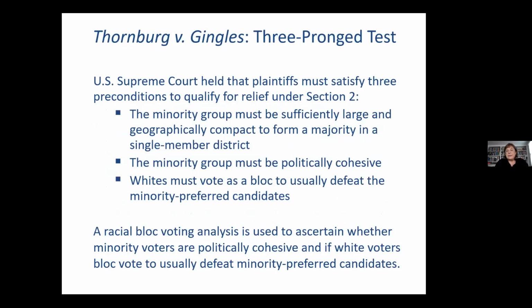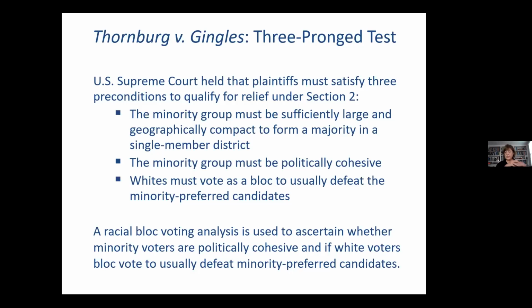The first case to consider the amended Voting Rights Act was Thornburg v. Gingles. This was decided in 1986. It was a challenge to the North Carolina state legislative plans. And in that, the Supreme Court held that plaintiffs had to satisfy 3 preconditions before they could qualify for relief under Section 2.